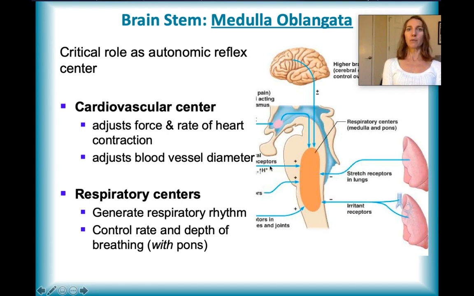Those are really important receptors that are going to communicate directly to the medulla, the pons as well, but with the medulla, that's a core concentration of nuclei in this region that allows us to control the rate of breathing, how deeply we're breathing, and ultimately the concentration of CO2 and oxygen in our blood supply. So really important parts of our body.